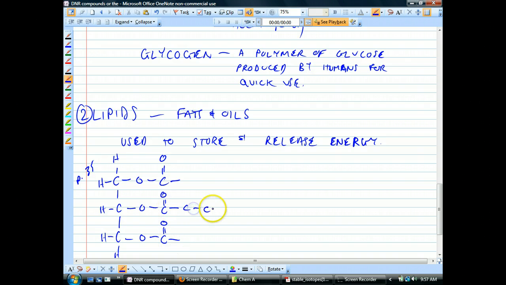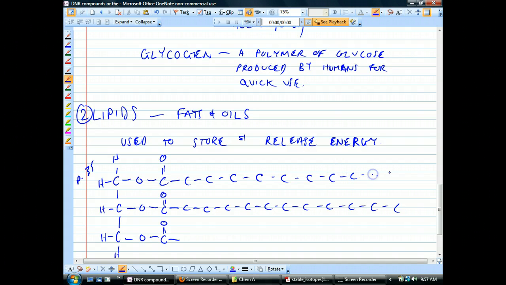And now this is just a long string of carbons coming out like this. It goes on maybe for 20 or 30 carbons. By the way, petroleum is very similar, but it's not put together in 3 strands like this.